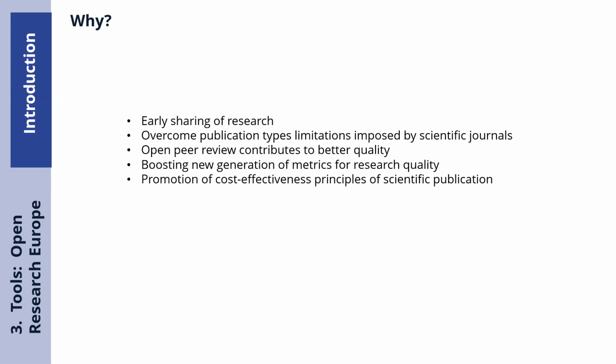And also, with this platform the European Commission intends to boost a new generation of metrics for research quality beyond the journal impact factor, and to promote cost effectiveness principles for scientific publication, because the APCs have risen to a level which is totally absurd. Researchers have to pay fees for making their articles open access which are out in the stratosphere. It makes no sense at all.